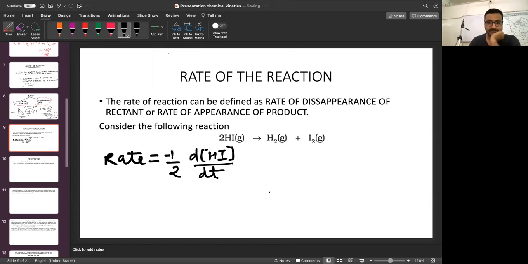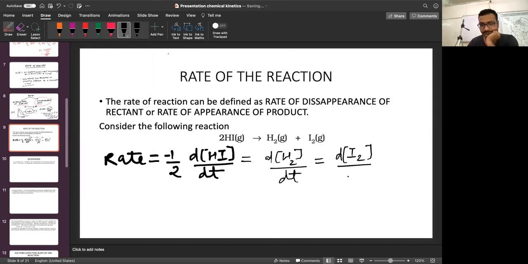Fine. Is equal to d of H2 upon dt is equal to d of I2 upon dt. We have talked about the significance of dividing this with 2.